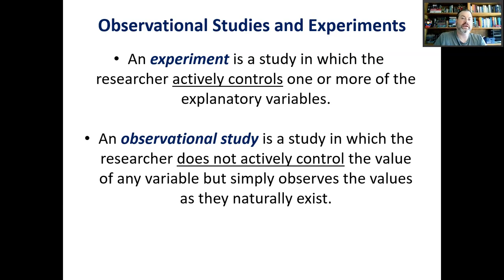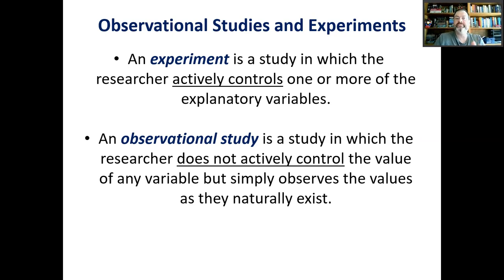So every study that exists in the world is either an experiment, an observational study, or a combination of these 2 things. Because the researcher either manipulates and intentionally modifies something in the study, or the researcher doesn't do that, right?